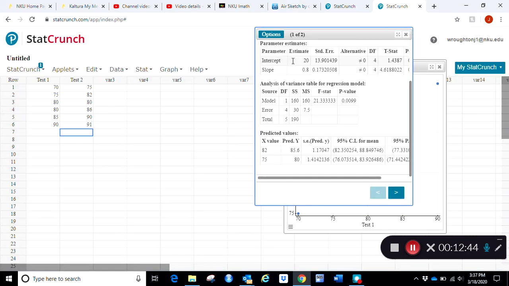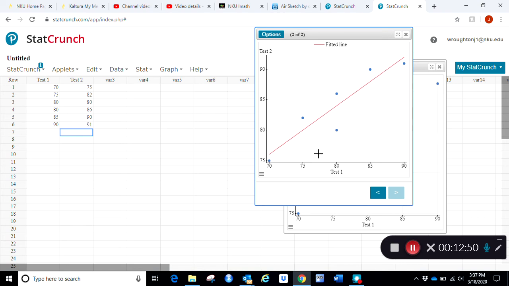Finally, another thing that StatCrunch will do for you, and I believe it does it here automatically, is graph your data and put that line on your graph. If I hover over it, it shows me the actual equation of the line. It does have things flipped. You'll notice that it has b plus mx instead of mx plus b.